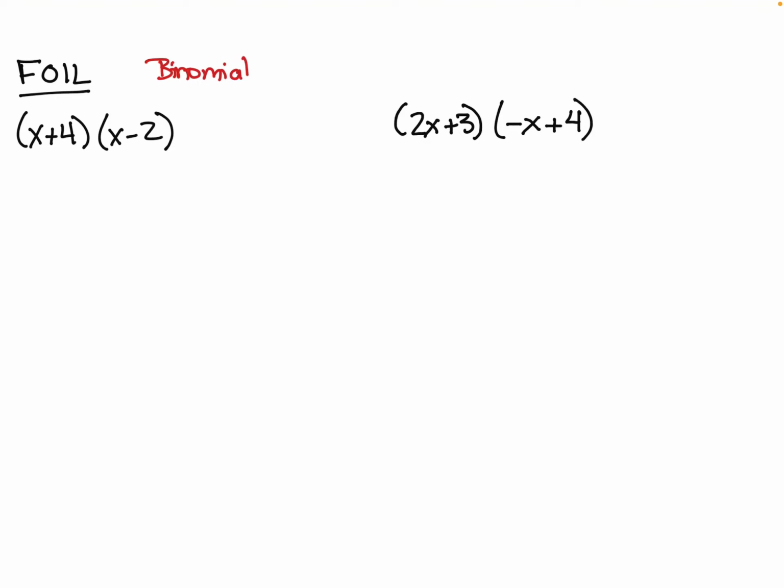For this we use an acronym called FOIL. FOIL stands for first, outside, inside, and then last. It's a series of 4 multiplications that outline how you navigate through this multiplication.